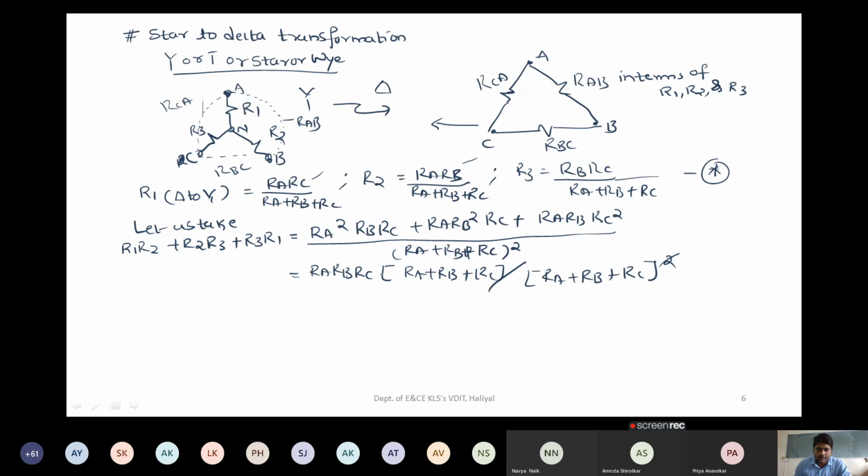One term cancels out. So I will be left with the equation R1 R2 plus R2 R3 plus R3 R1 equal to RA RB RC whole divided by RA plus RB plus RC.